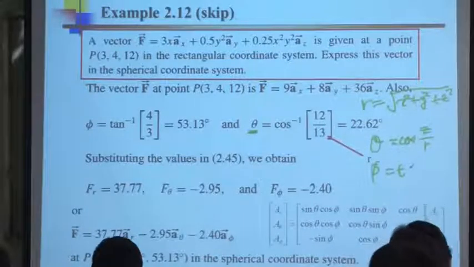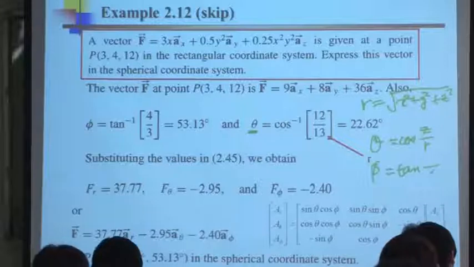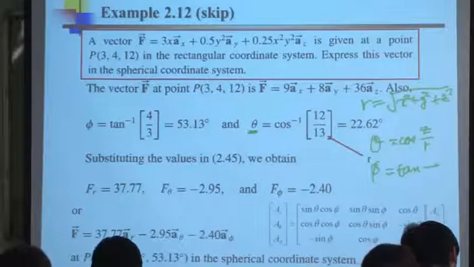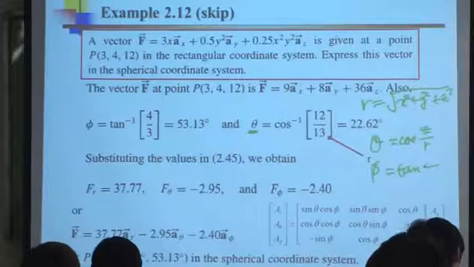Am I right? Yeah, tangent y over x. Okay.